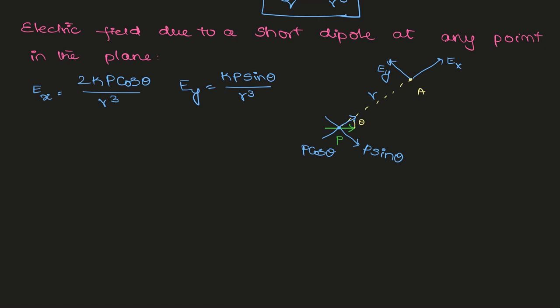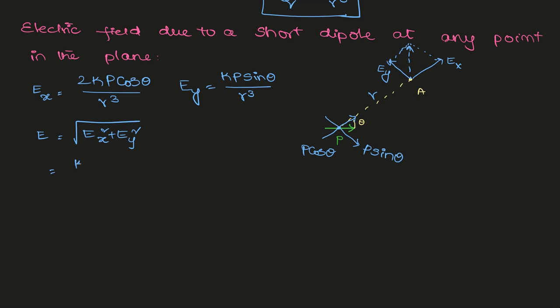These two are mutually perpendicular, so for their resultant we have to take the square root of x component square plus y component square.